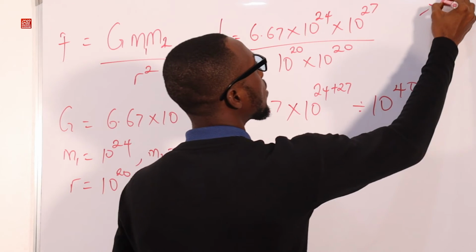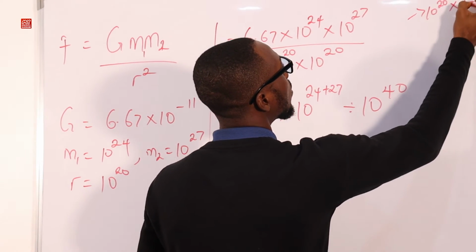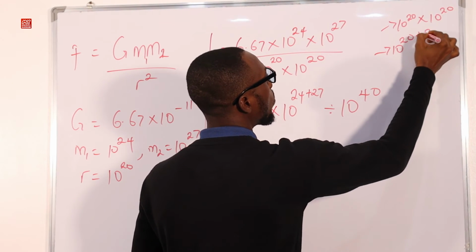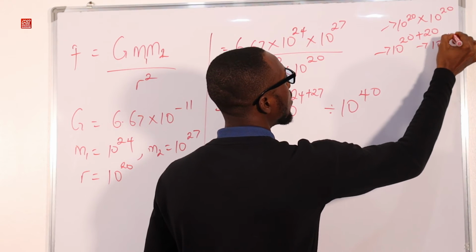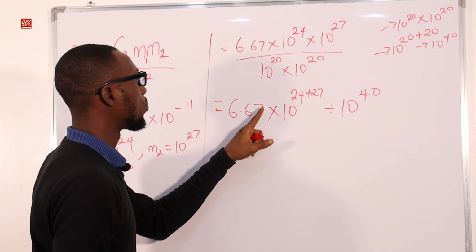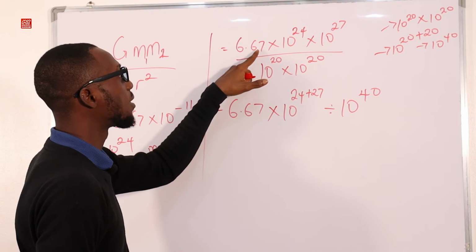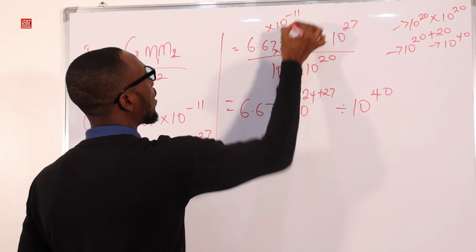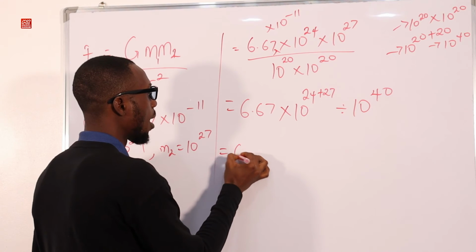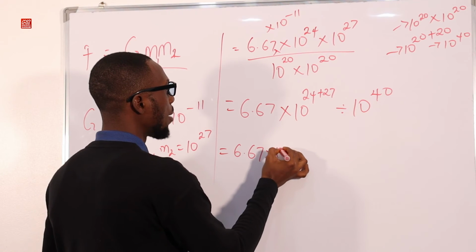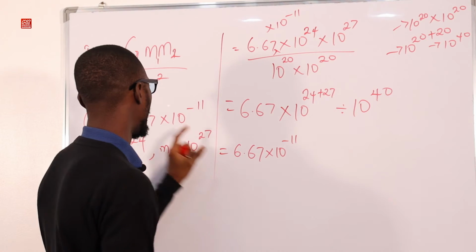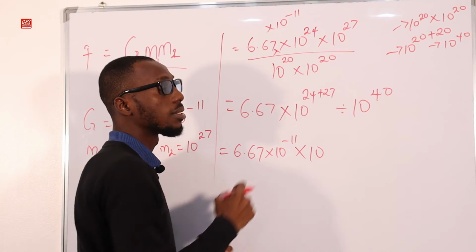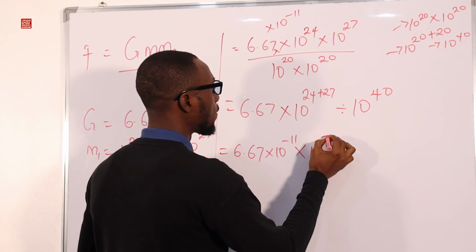Remember this: multiplying changes to plus, and dividing changes to minus. We still have 6.67 times 10 raised to the power minus 11, remember, don't forget that, please. From here, I would have 6.67 times 10 raised to the power minus 11, the gravitational constant, times 10 raised to the power 24 plus 27, that should give us 51.